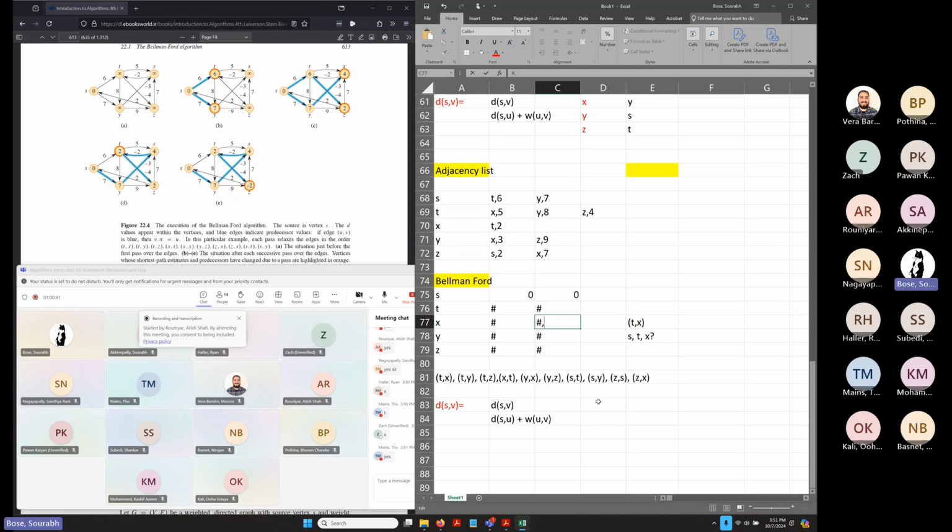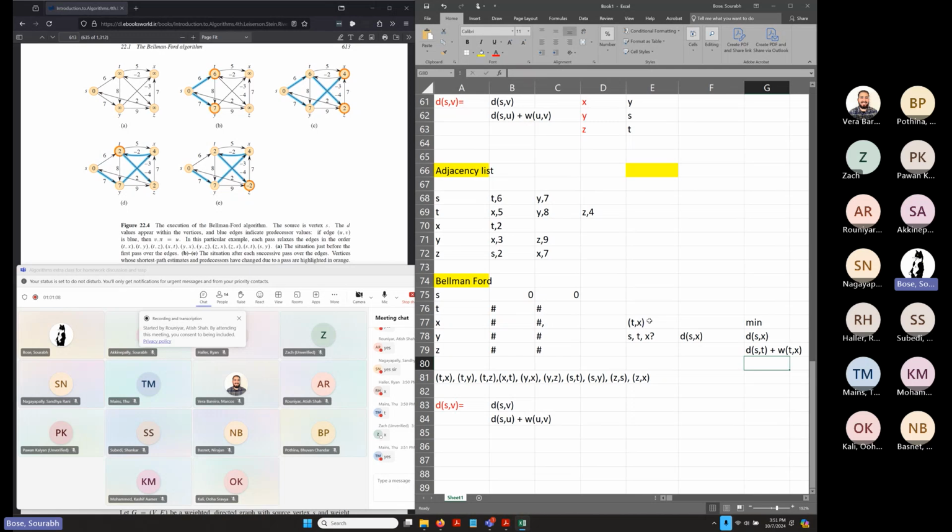Currently, what are we looking at? Let me type this explicitly, it will make more sense. We are saying d of s comma x is the minimum of d of s comma x or d of s comma t plus weight of t comma x.